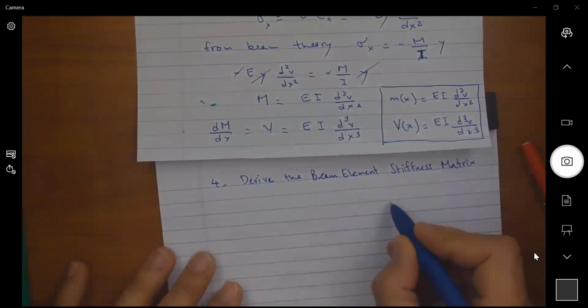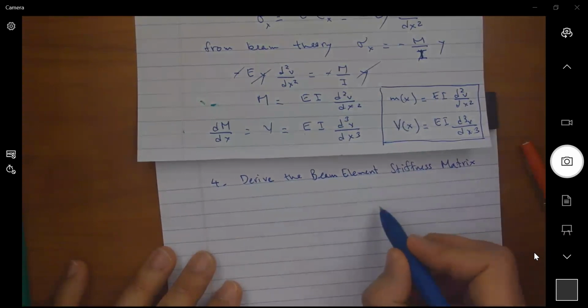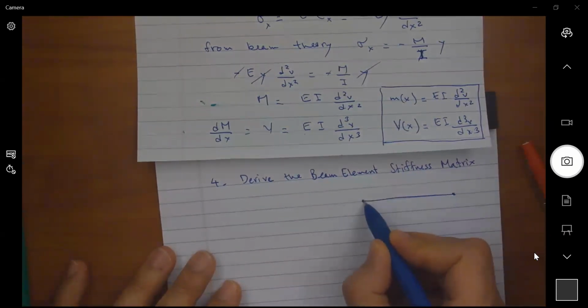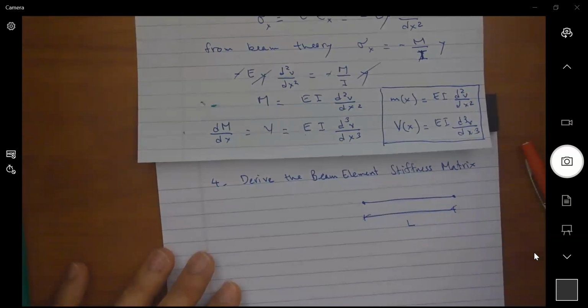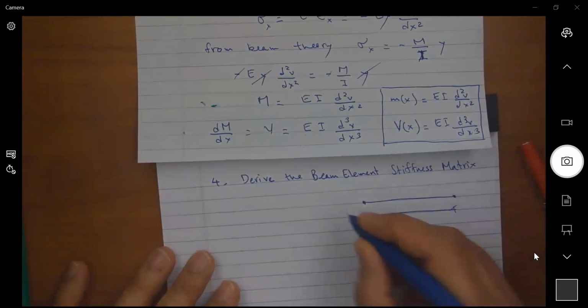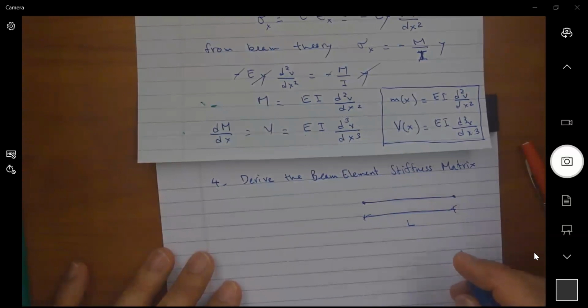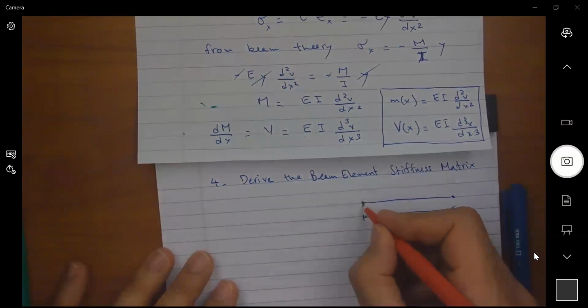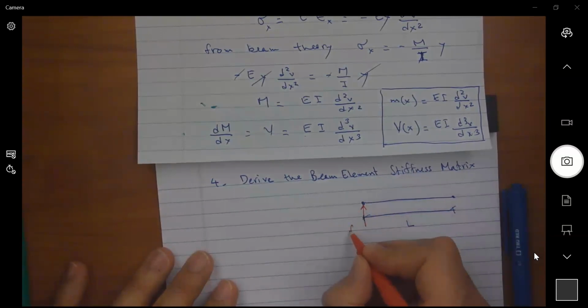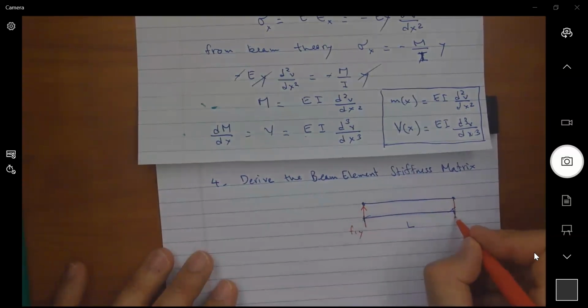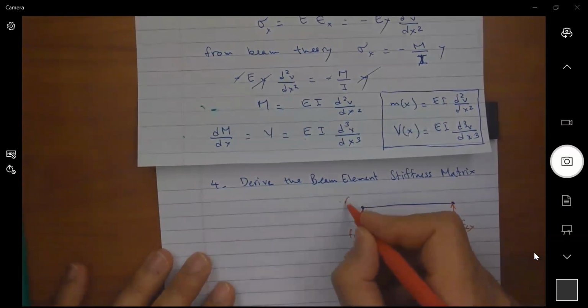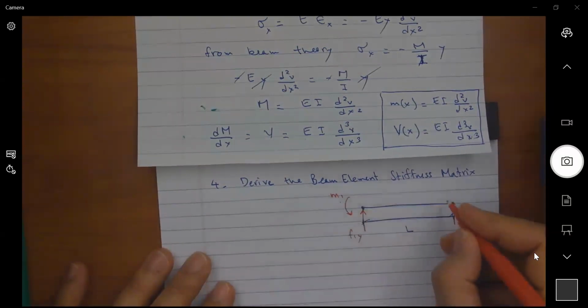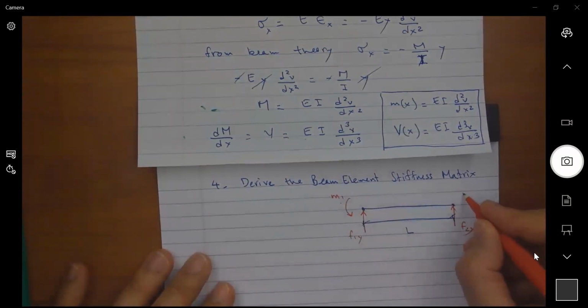So if I look at my beam element, length L, and I have 2 degrees of freedom. I have nodal forces here, F1y, F2y, and I have here M1, and I have here M2.